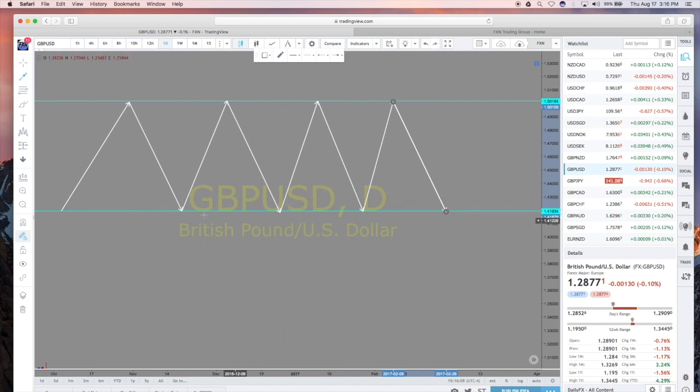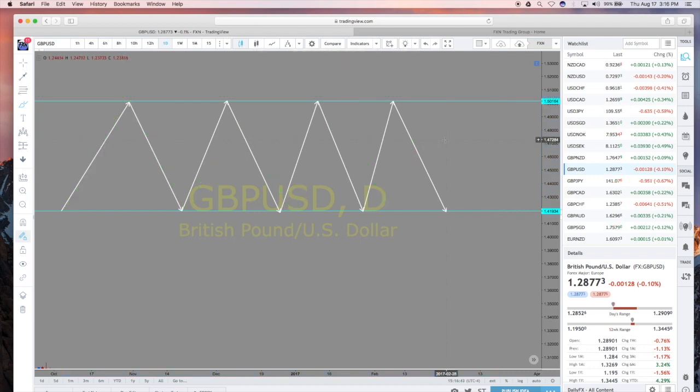Support is going to be an area where price seems to always come back to and get stuck at, does not penetrate it, respects it, and reverses back up to the ceiling. Essentially, price is bouncing between the floor and the ceiling back and forth, like a basketball bouncing between the floor and your hand.